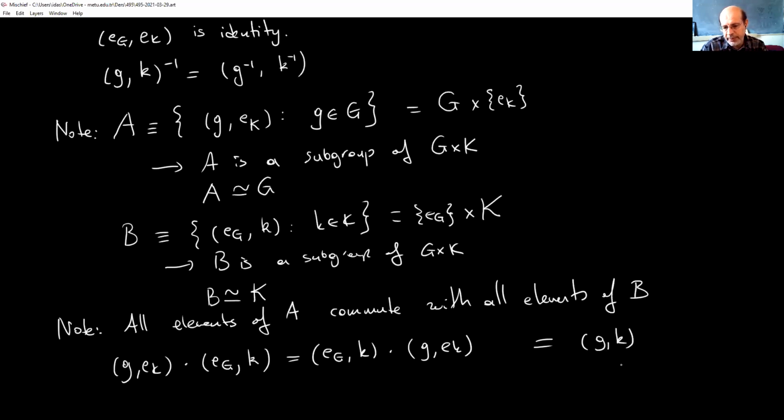I can express it as the product of one element in the subgroup B and one element in the subgroup A. In that case, the order is irrelevant. I can just change their orders like that.